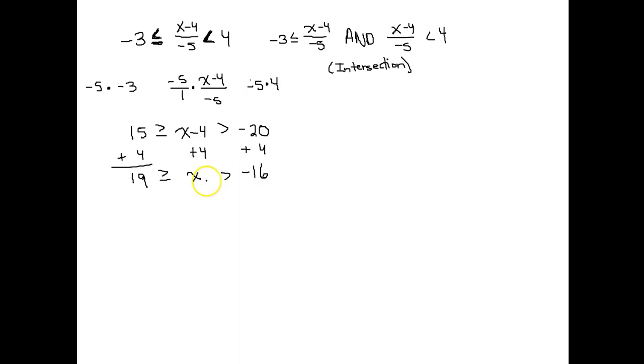Now I don't particularly like inequalities being written larger to smaller. I feel like it just works better if I write them smaller to larger. So I'm going to put the -16 over here and the 19 over there. And I can do that as long as I keep the signs pointing to the correct things. Between -16 and x, the mouth is open and ready to chomp the x.